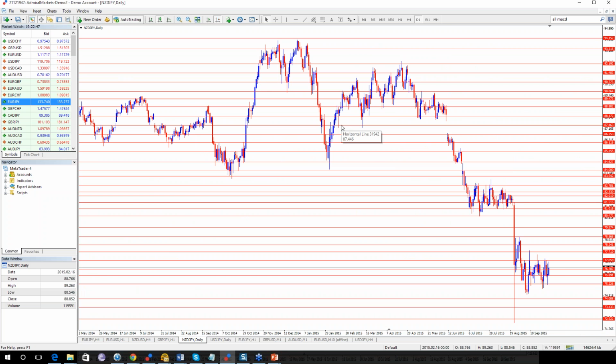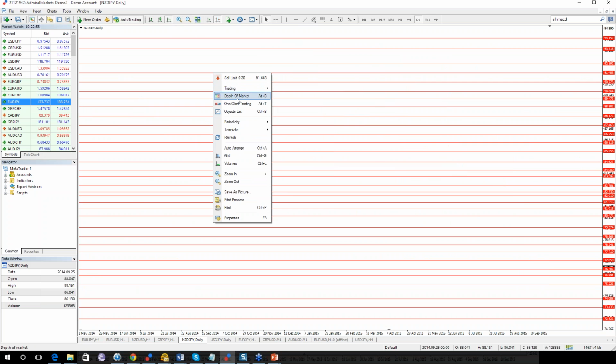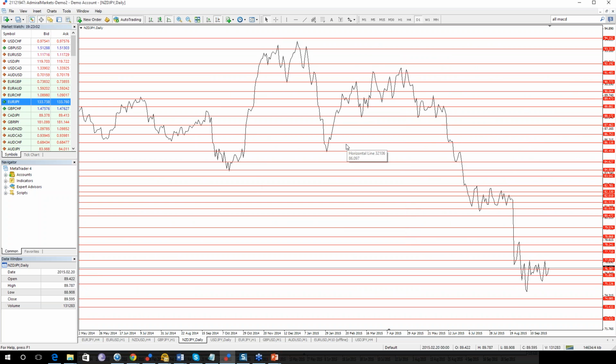By flipping the chart to your left, you can see historical rejection. Yes, it can be done also with line chart, but I don't do line charts.